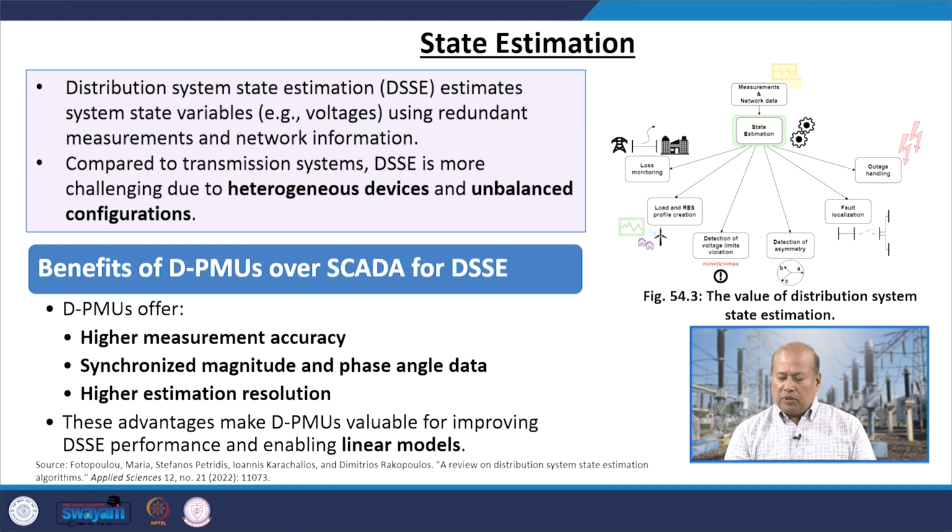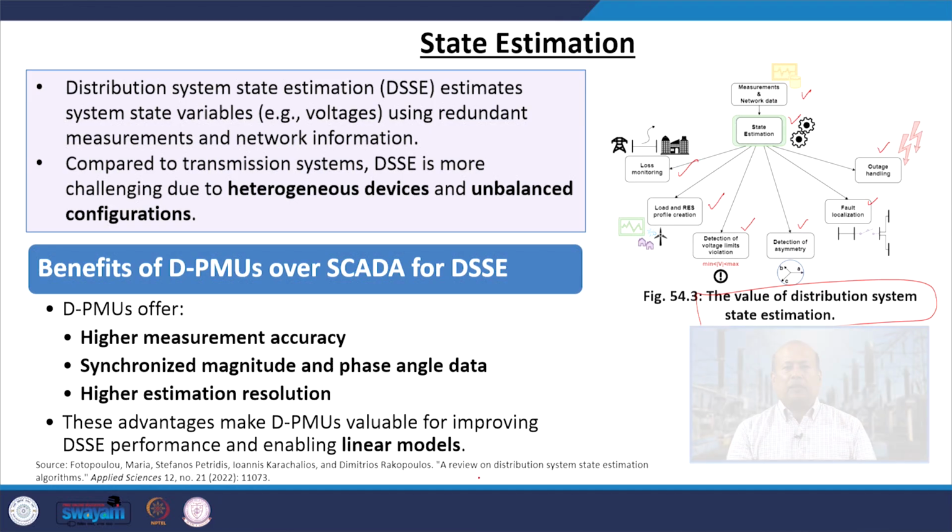Now, the value of distribution system state estimation, as you could see: measurement and network data, state estimation, loss monitoring, load and RES profile creation, detection of voltage limit violation, detection of asymmetry, fault localization and outage handling. So, these are different applications we can carry out using D-PMUs' application to state estimation.